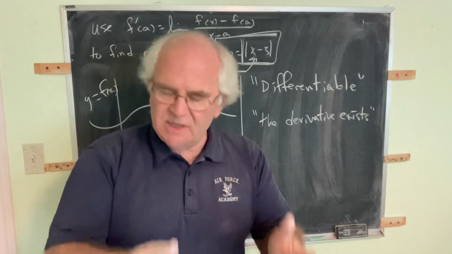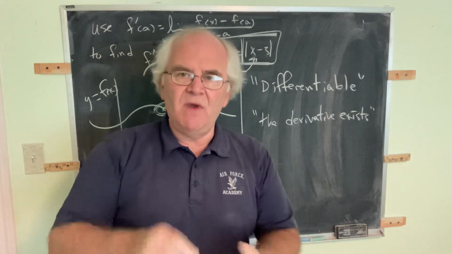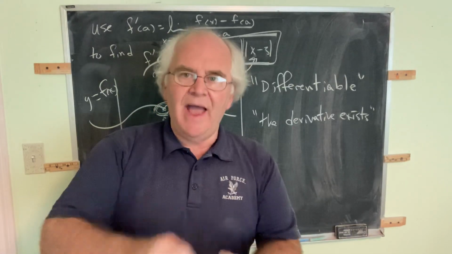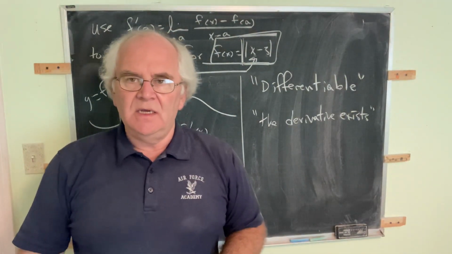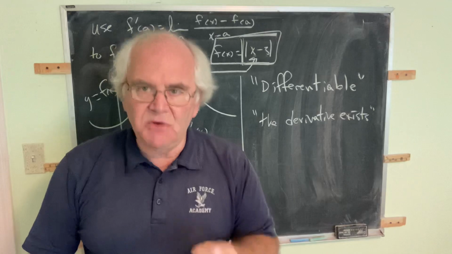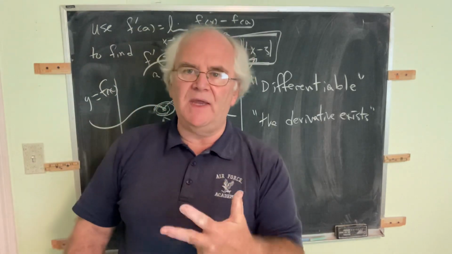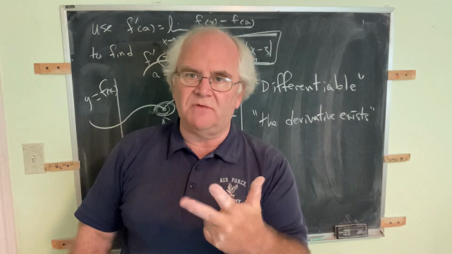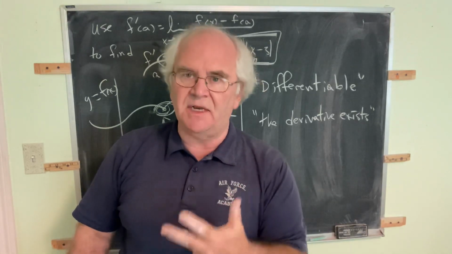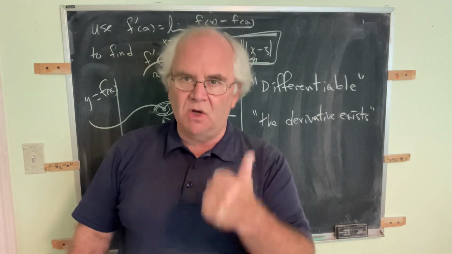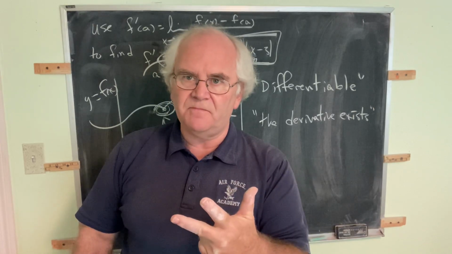It's related to the notion of continuity. We have continuity at a point, and if we say the function is continuous on an interval, there are three things the function doesn't have: no holes, no jumps, no vertical asymptotes. So when we say the function is continuous on an interval, we mean on that interval, no holes, no jumps, no vertical asymptotes.